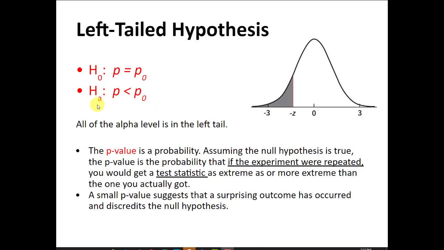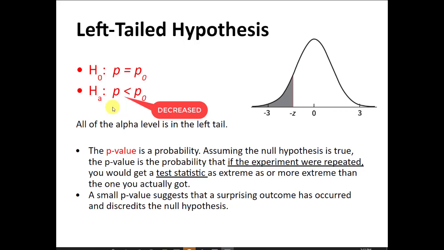Your alternative hypothesis is you want to know if the treatment has decreased the proportion. Okay, so after whatever experiment you're running, has the proportion significantly decreased from what is expected in the null hypothesis.